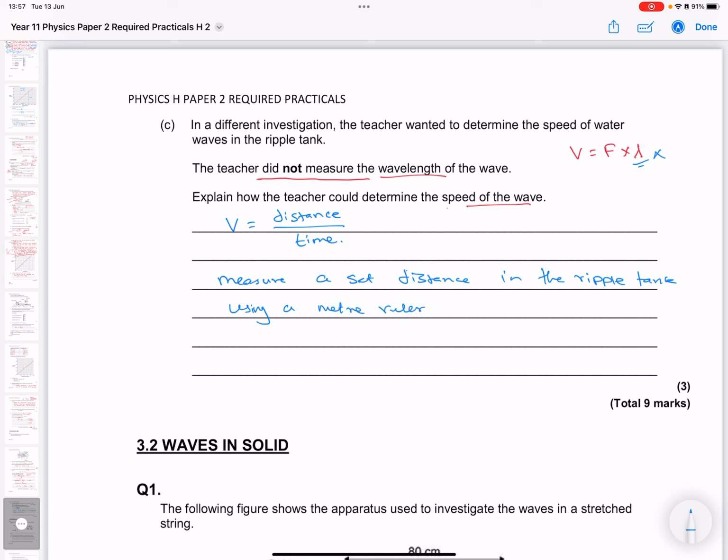And then measure the time it takes for the wave to travel that distance using a timer, and calculate the speed using speed is equal to distance divided by time.